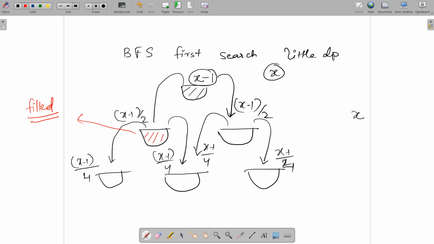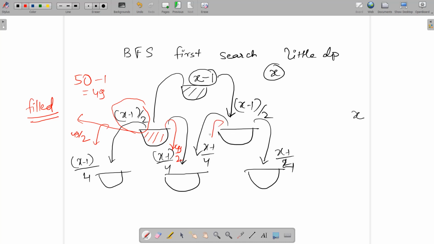So what you are going to do is first find out this value, x minus 1 upon 2. Let's say the value comes out to be 50, for instance. Then you subtract 1 because this glass is filled, so it becomes 49. So 49 by 2 will go over here, and 49 by 2 will go over here.